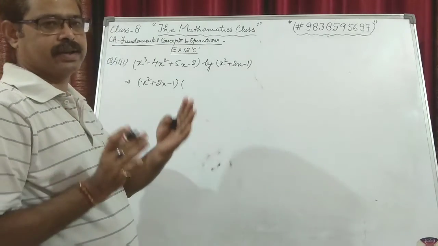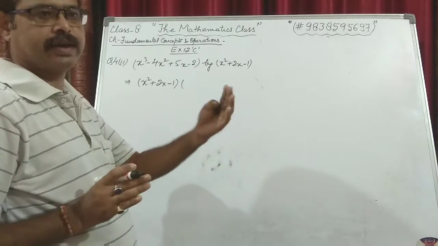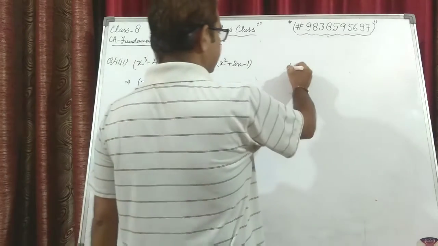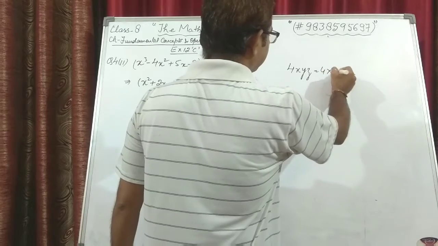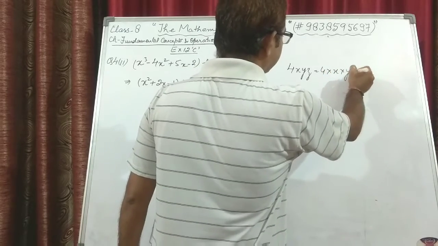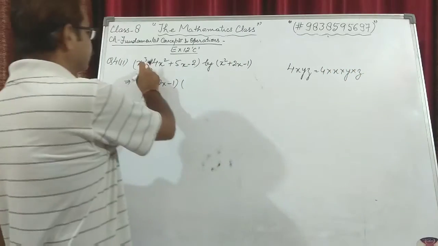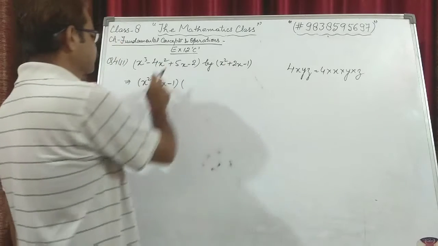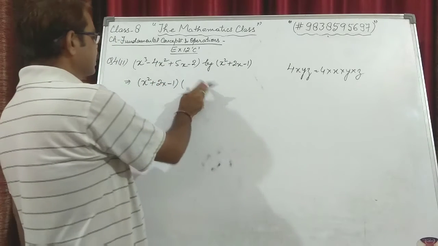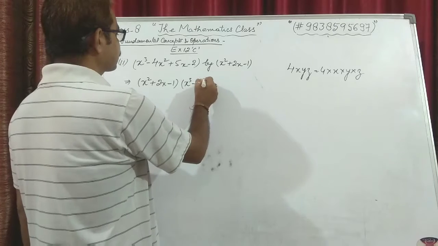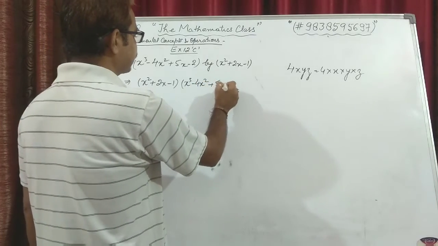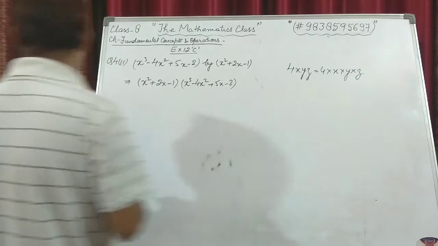If they are written next to each other, it also means multiplication. Suppose I say 4xyz, it means 4 into x into y into z. So this into this, and next to this the other polynomial is written, that is x cube minus 4x square plus 5x minus 2.